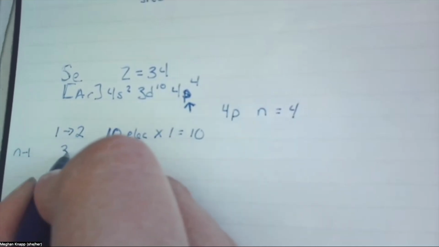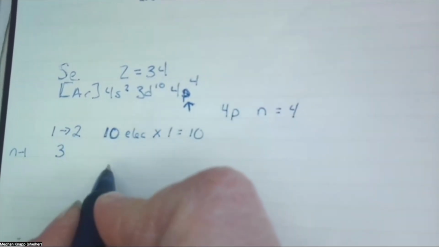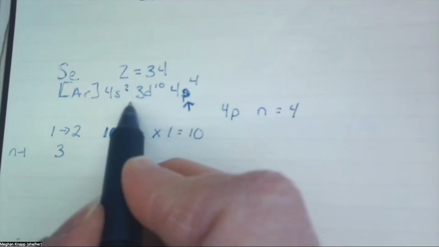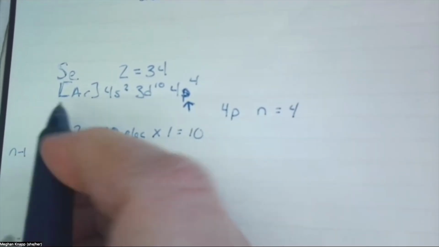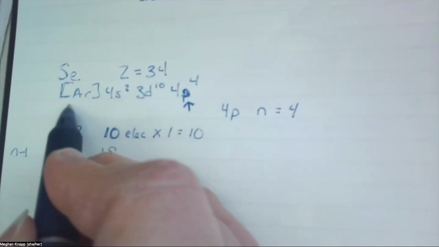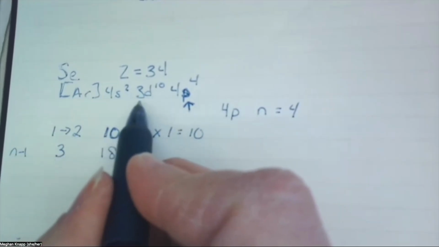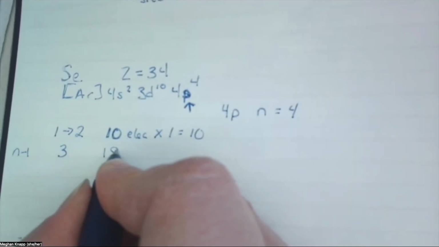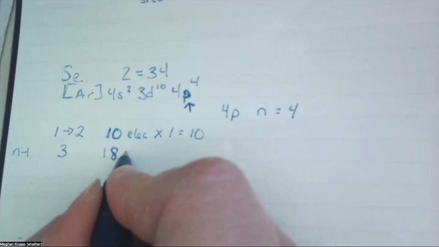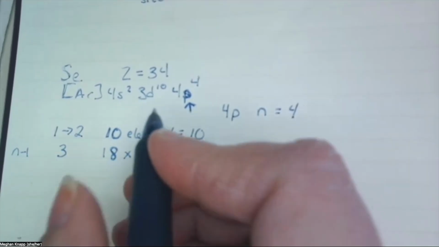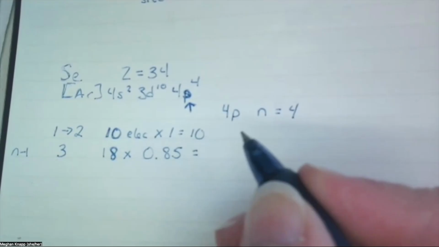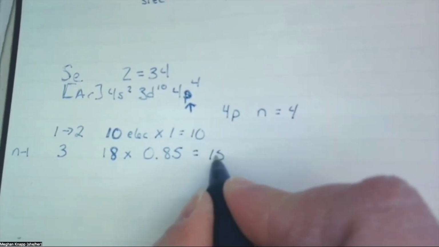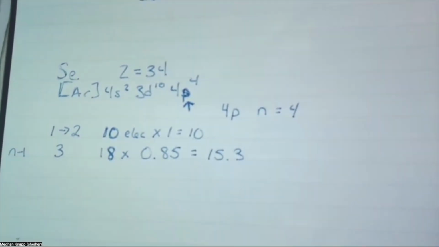That's going to be level 3. Since I have all the d electrons there, that's going to be 18. The 3s and the 3p are included in argon, and then I have 3d10. So that's 18 electrons, multiplied by 0.85. If you plug it in, that's 15.3.